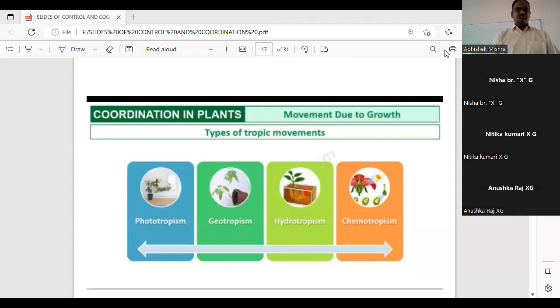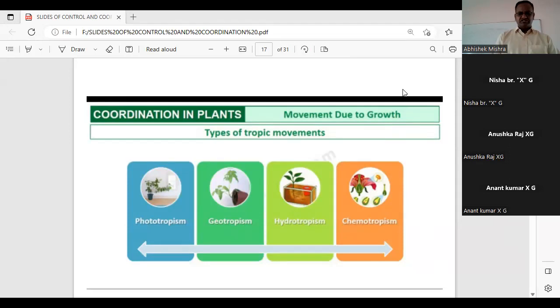Yes, this question is for Anant. Anant, unmute yourself and tell me one activity with the help of which we can demonstrate phototropism. We will take a plant, towards light.